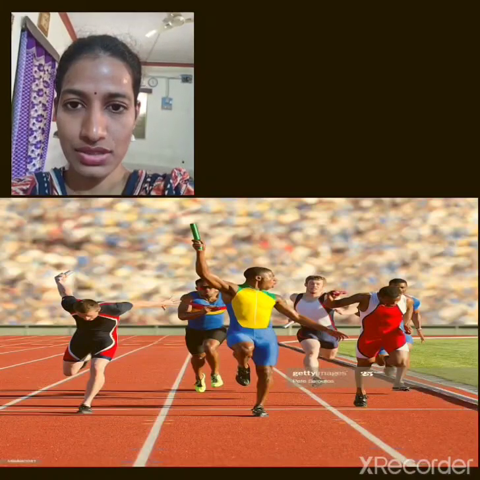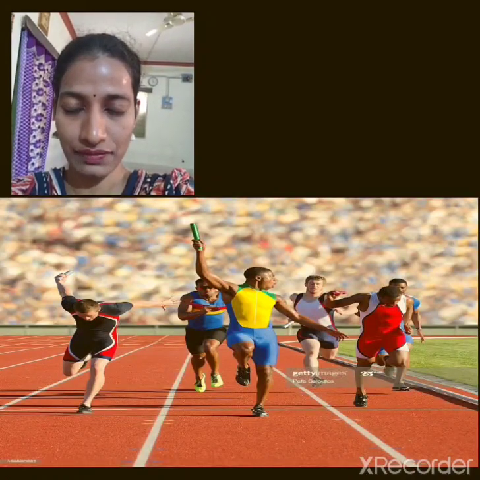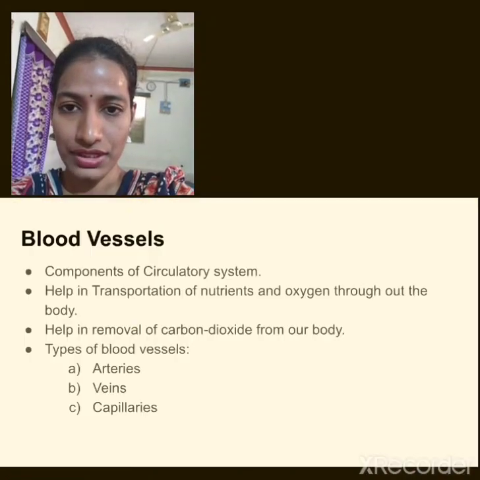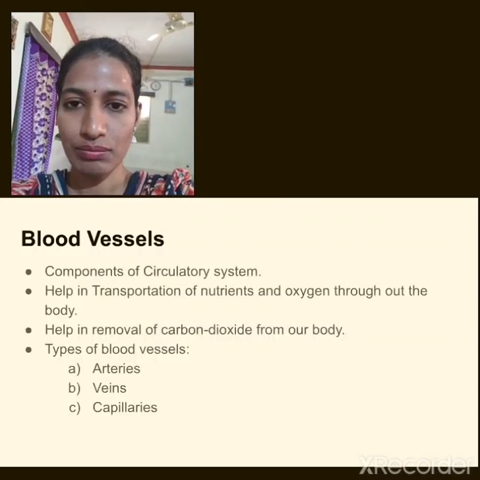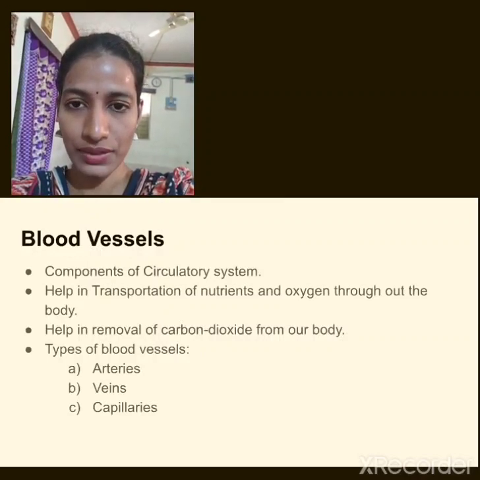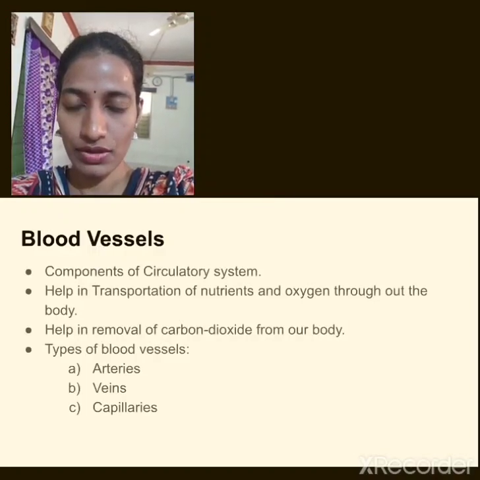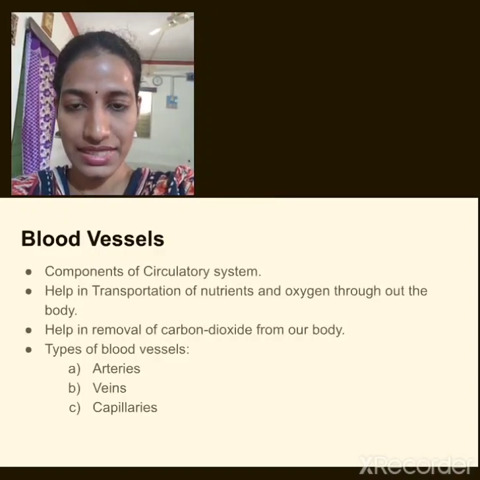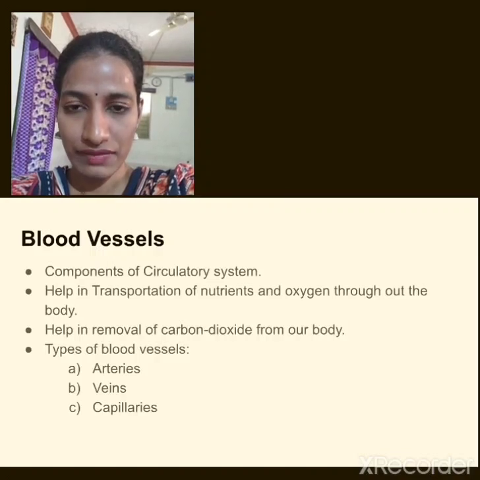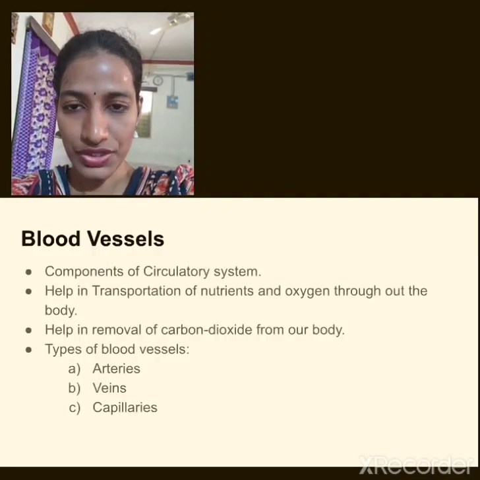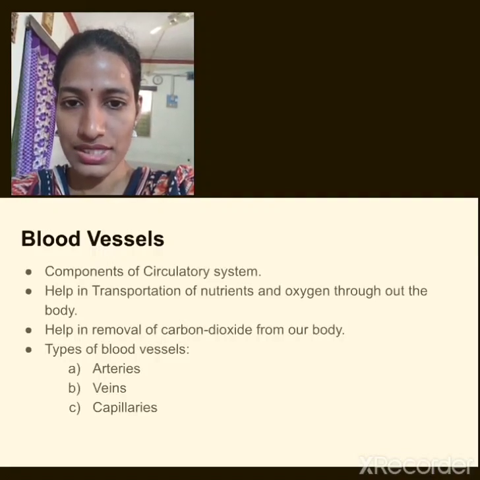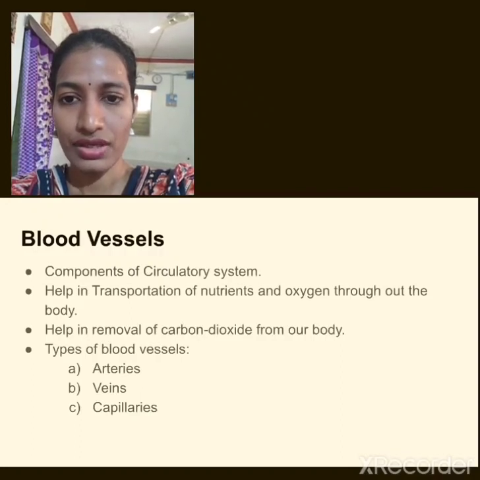Similar to the relay game, the blood vessels also have to function in a similar way. So now let us see what these blood vessels are. Blood vessels are components of the circulatory system, and apart from the blood vessels, the circulatory system also includes the heart and the blood. The blood vessels help in the transportation of nutrients and oxygen throughout our body.